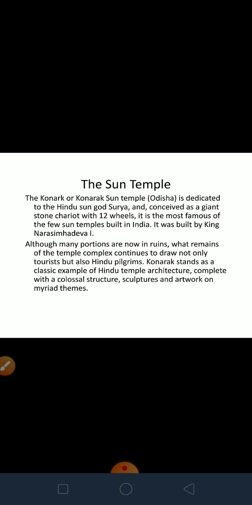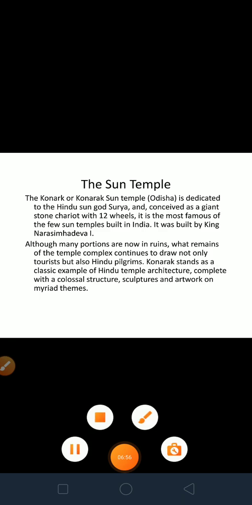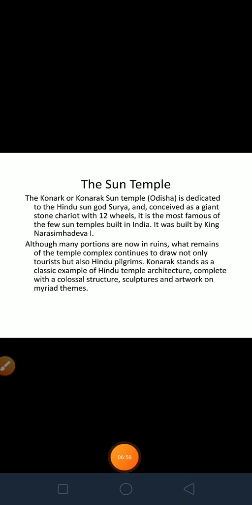Due to some earthquakes and damages, some parts of the Konark Sun Temple are destroyed. But the major part, the biggest part, that Sun Temple, still exists there and attracts tourists and pilgrims from all over the world.